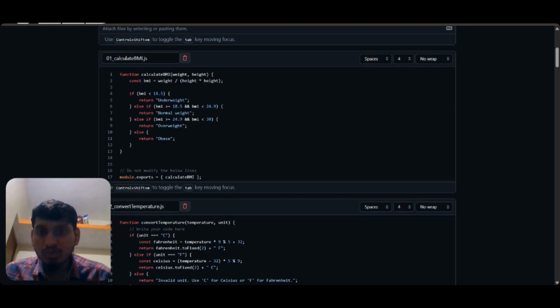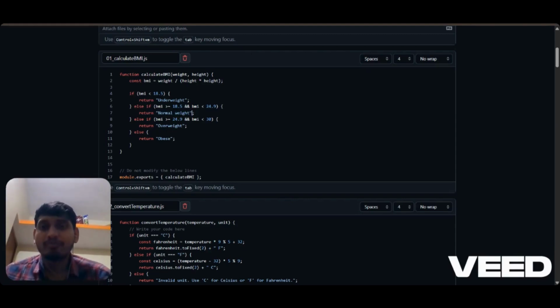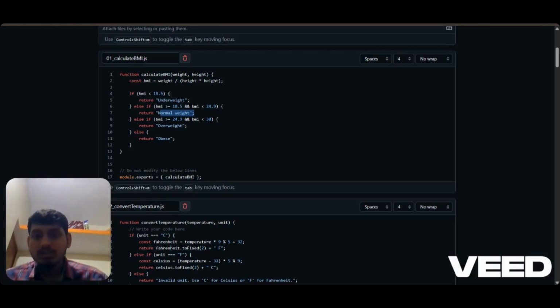Because we need both conditions to be true, then only the normal weight will be returned. If we use logical OR, it means if any condition is true, it will be executed. So we don't want that. If both conditions are true, then only we execute normal weight. In this condition also it is the same thing. If both conditions are true, we give the response overweight.